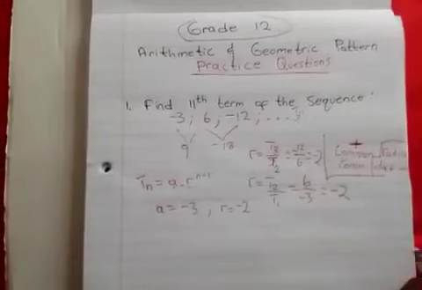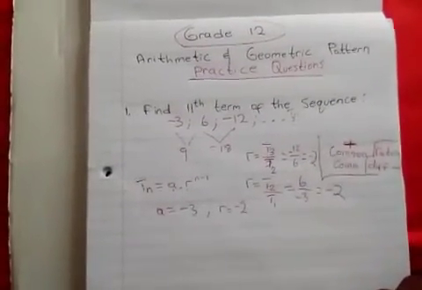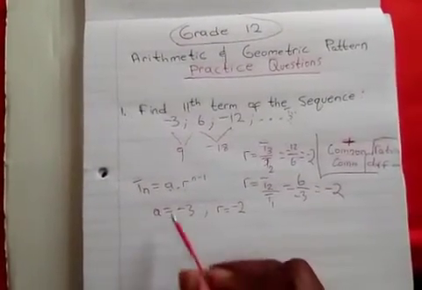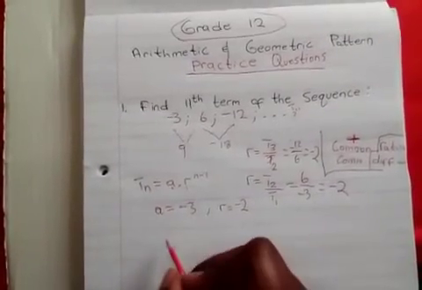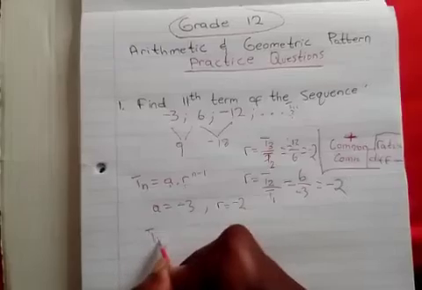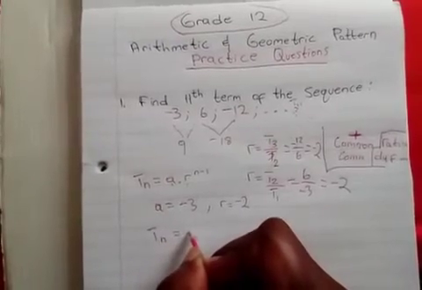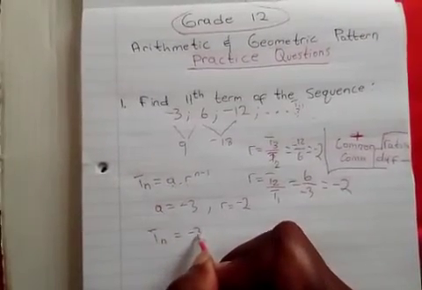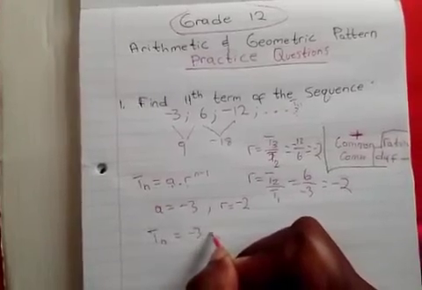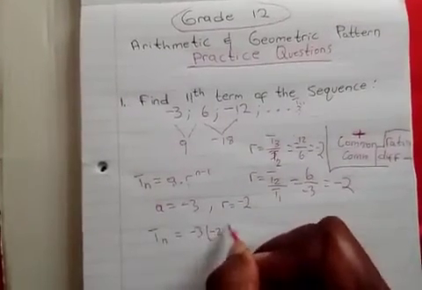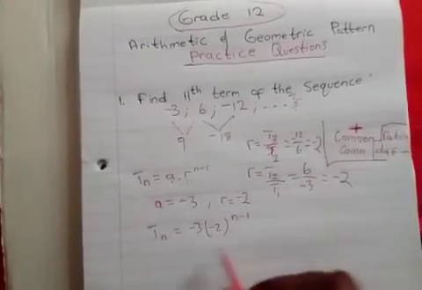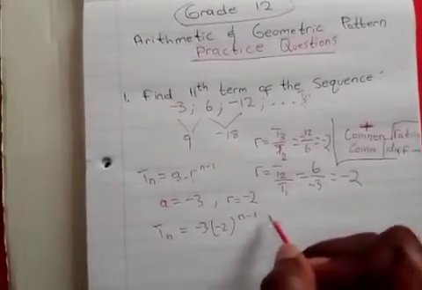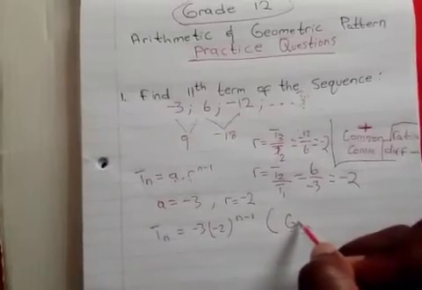So what we're going to do from here is substitute these variables in our general nth term. So let's go and do that. This is -3 in the position of a and -2 in the position of r, then n minus 1. So this is your general nth term.